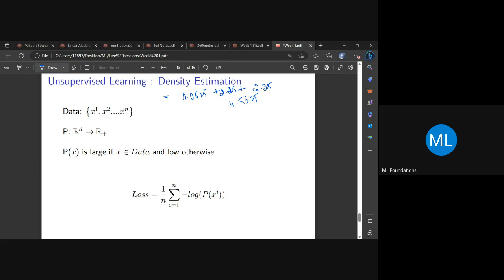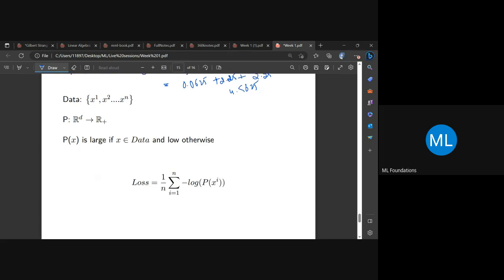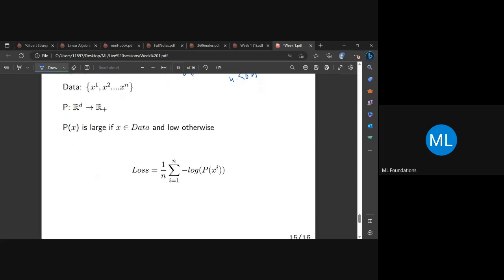In this case you define your loss function to be 1 by n sum over minus of log p of xi. So this is also called the reconstruction error.